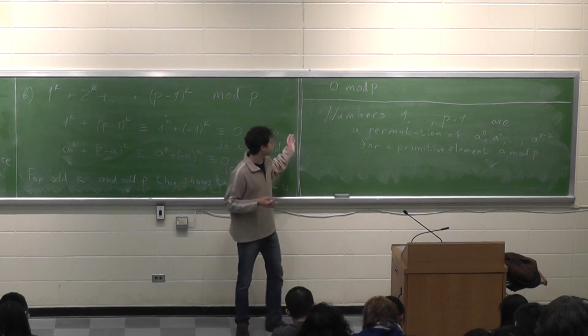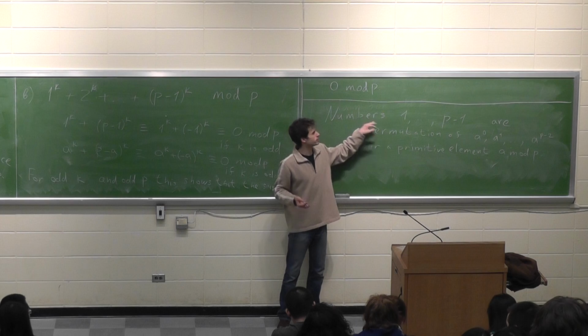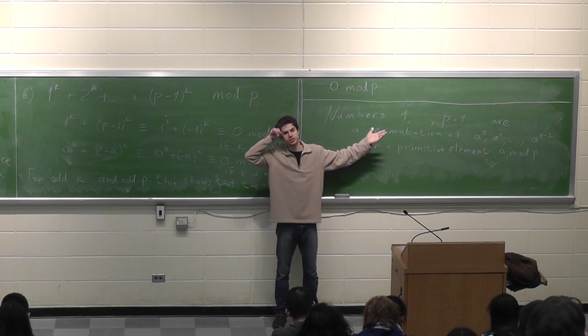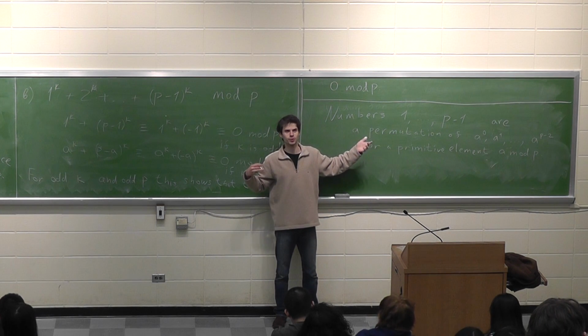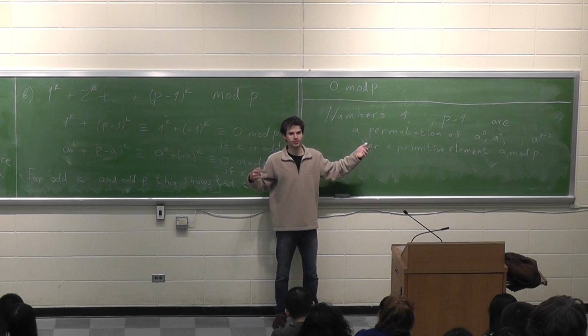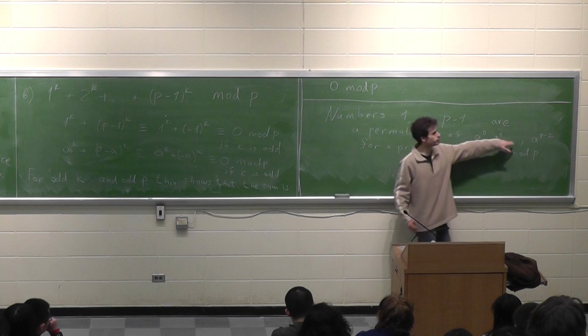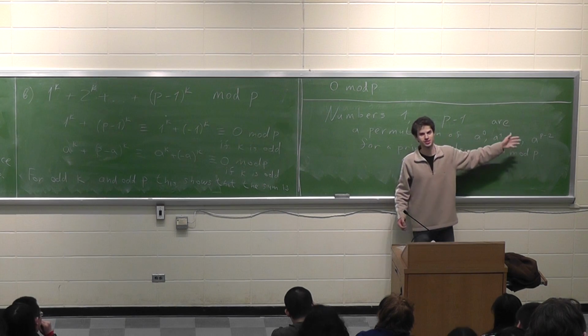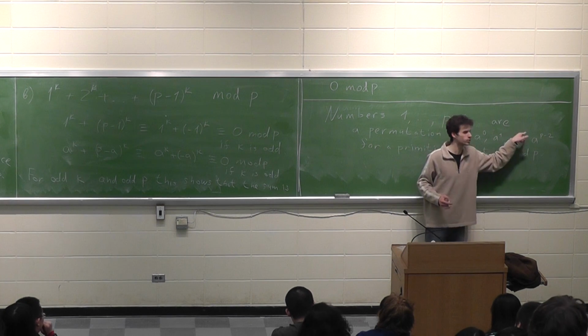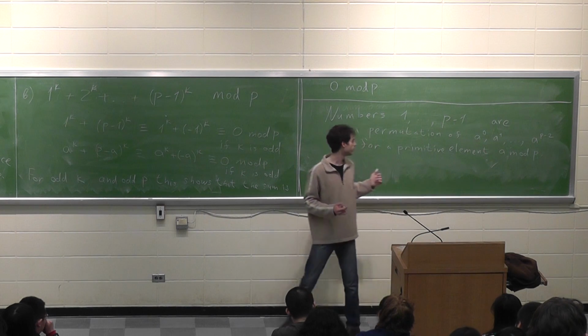The reason maybe why we might suspect that such an idea would work is because a primitive element works very nicely when you raise it to different powers. It's very easy to take a number written in such a form and raise it to any power. You just multiply the exponent by the corresponding power.